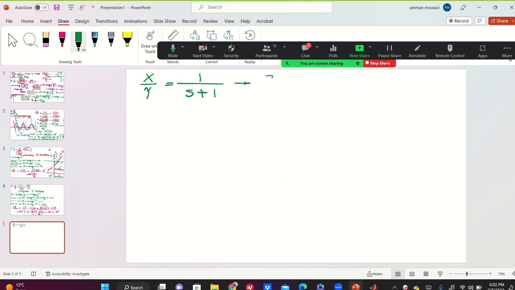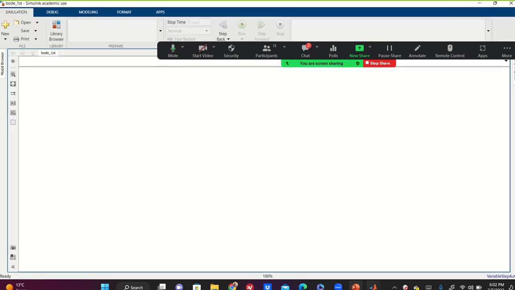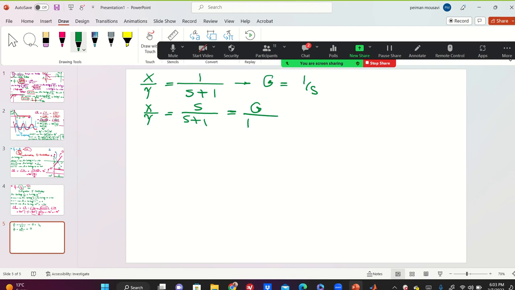So we know that the open loop transfer function is 1 over S. But for the high pass filter, like S over S plus 1, you have to find the open loop transfer function from 1 plus G. So S, 1 plus G, G over S plus 1.